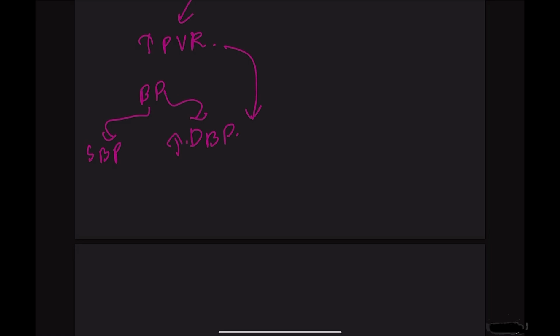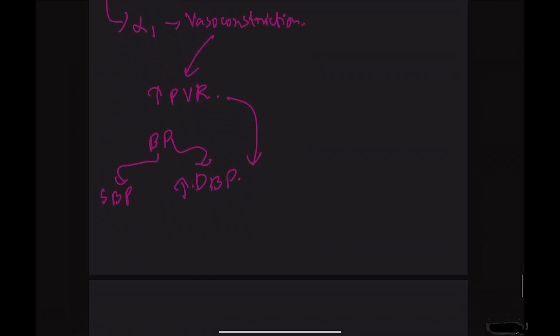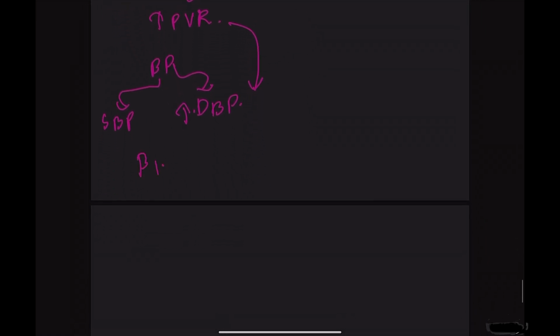Okay, and by acting on the beta 1 receptor, it increases the heart rate and also increases the force of contraction. Okay, and this leads to increase in the systolic blood pressure.